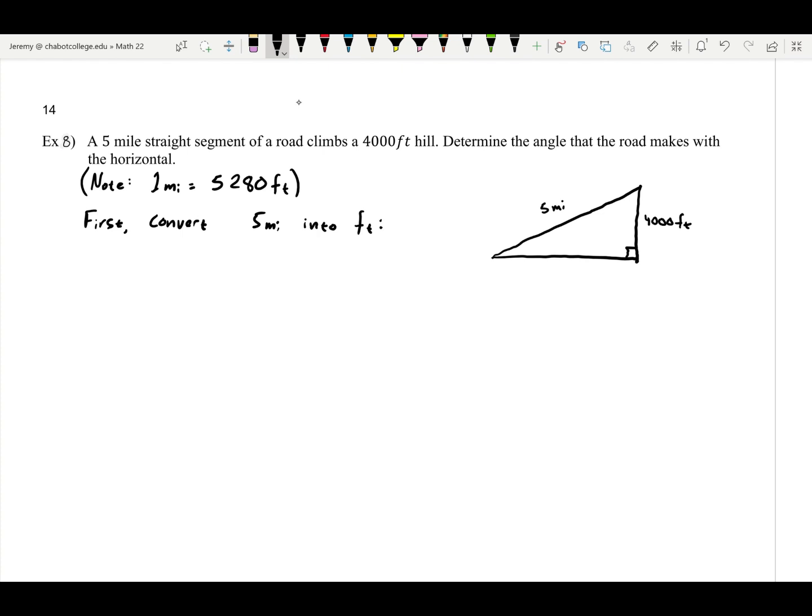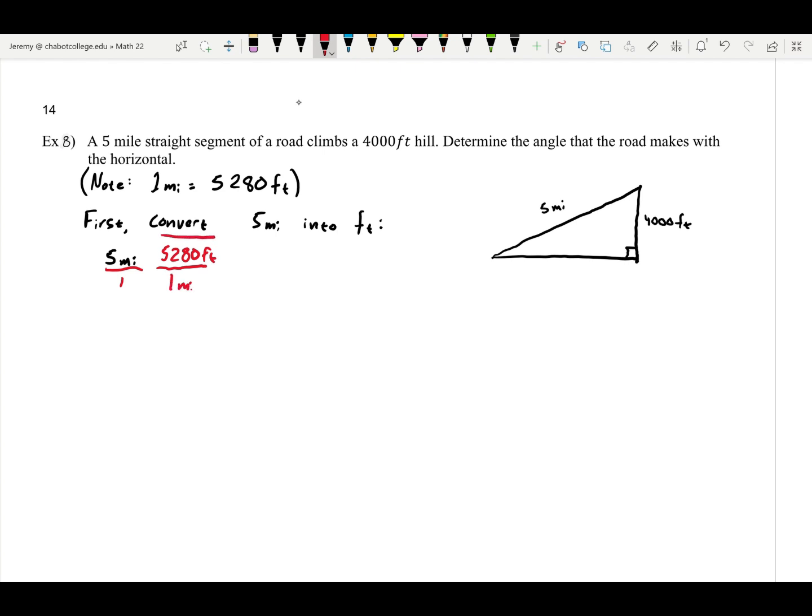And here's how we do this. So we have 5 miles, and whenever we have something like this, we can create a conversion factor. In this case, I want to convert from miles into feet. So I'm going to create a big 1, and I'm going to express this like this: 5,280 feet divided by 1 mile.